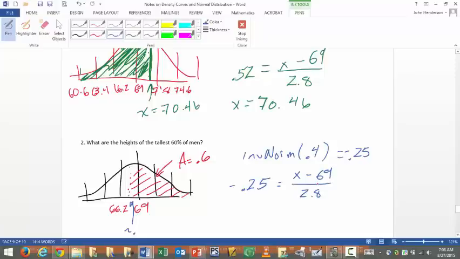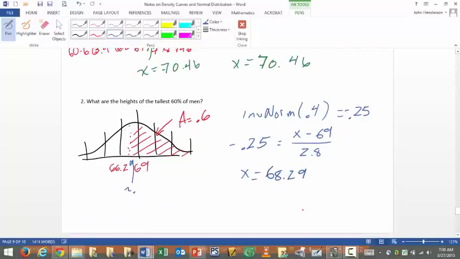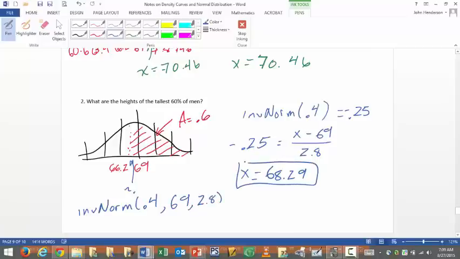We can work our way backwards algebraically and end up at x equals 68.29. Or if you wanted to use your calculator from the very beginning, you could just type in inverse norm, the area we're interested in, 0.4, and then the 69 and the 2.8 right from the beginning, and you'd get that height. So again, put your answer in context: the tallest 60% of men are at least 68.29 inches.